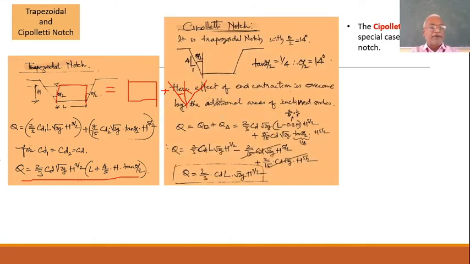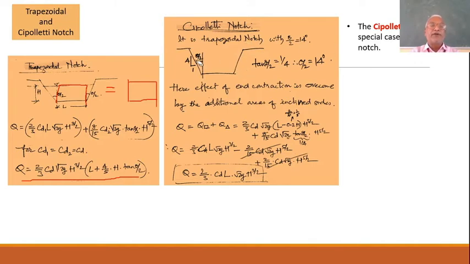Here I have Cipolletti notch. What is said here, just check. I'll just erase this off so that no confusion. Cipolletti notch is a special case of trapezoidal notch. Okay, it looks like a trapezium only. What is the speciality?